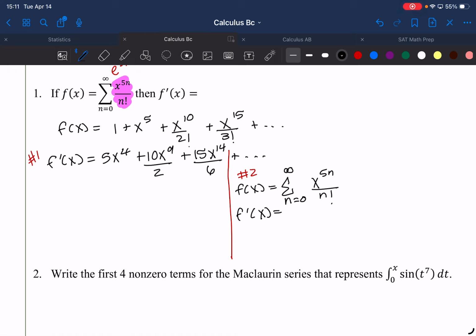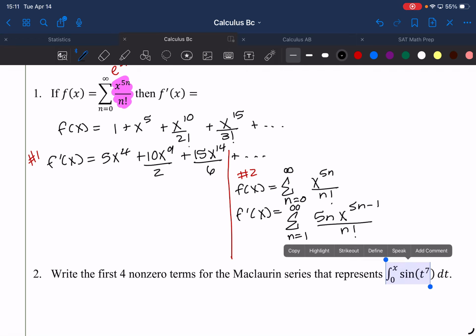Okay, so I'm going to take this 5n that's on the exponent, bring it down, and subtract 1. The only difference that's going to happen is instead of saying n is equal to 0, I'm going to start at the first term, n is equal to 1. Okay, that's the only thing extra that you would have to know. Okay, and so this becomes 5n times x to the 5n minus 1, okay, over n factorial. Again, the denominator doesn't change because n is just a constant.